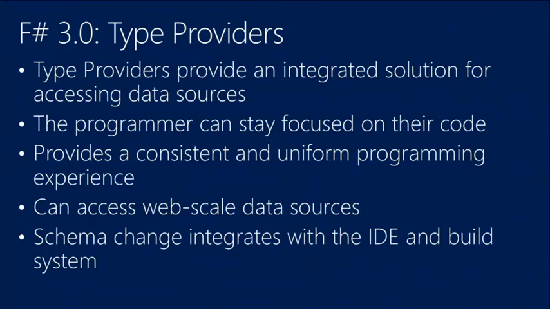Either they're too large, too vast, or it's something you can't even download, it's just so large. Or it's something completely dynamic that might be changing out from under you, right? Where a dynamic language like JavaScript can react to it much more easily, it's much harder when you're generating source code against it, right? And then the last point is that schema change integrates with the IDE and the build system.